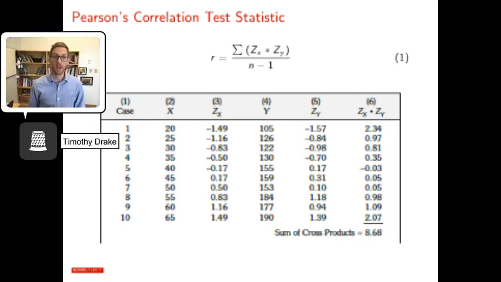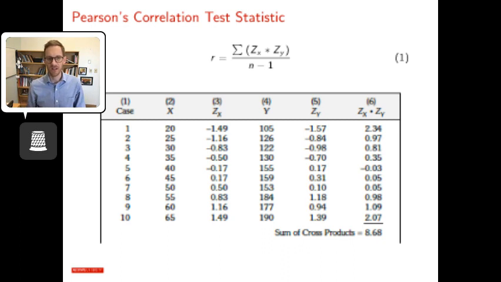Okay, so here's the Pearson's correlation test statistic. It is the sum of the cross product of the z-scores divided by n minus 1, the sample size minus 1. So look through this table for just a minute. We have 10 cases, 10 individuals. For each one of them, I gathered information about some quantitative variable, let's call it x, and then I standardized that.